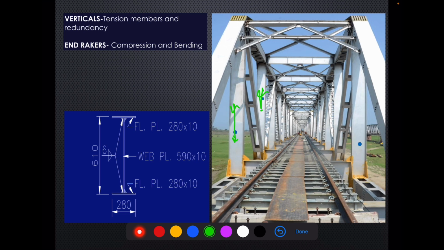So these are vertical members. These are mainly designed for tension and as redundant members. A typical cross section of a vertical is a built up I section like this.